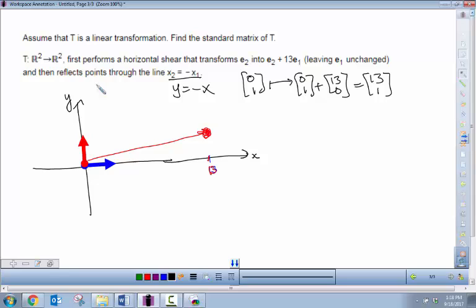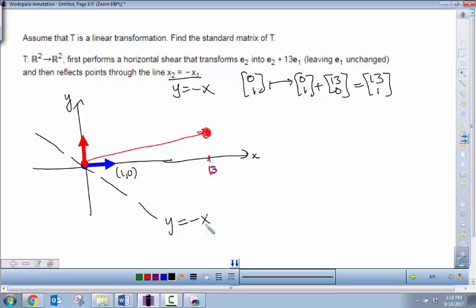All right, so we need to draw this line, y equals negative x, and then imagine the reflection about that line. Let's see what happens to the reflection about this line. Let's do the blue vector first. We have the point 1, 0 over here.